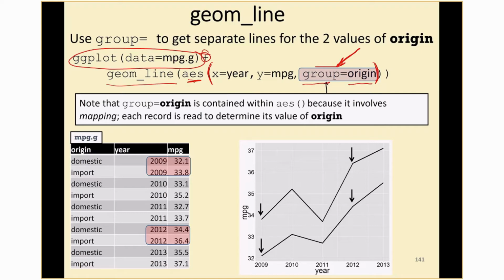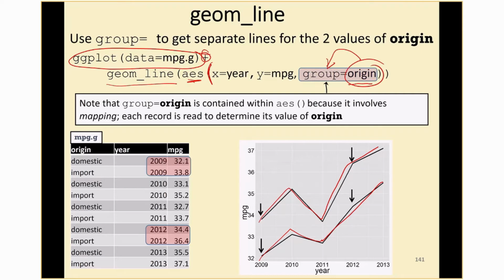And remember how aesthetic mapping works, is that every record is evaluated, and the value of the variable determines, in this case, the group that it's going to be in. So what we wind up with are two lines. Now we've got two separate lines because we've mapped group onto origin, and the value of origin, because it's a mapping, is going to determine what group it's in.